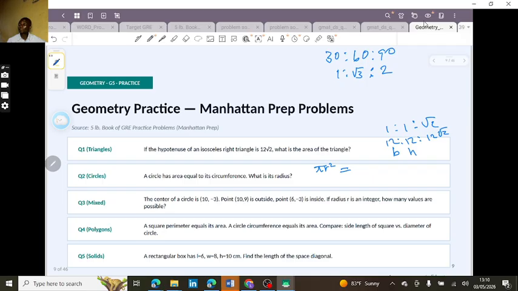Yes, pi d, also 2 pi r. So pi r squared equals 2 pi r. That is what the question is saying, and you solve it from there.